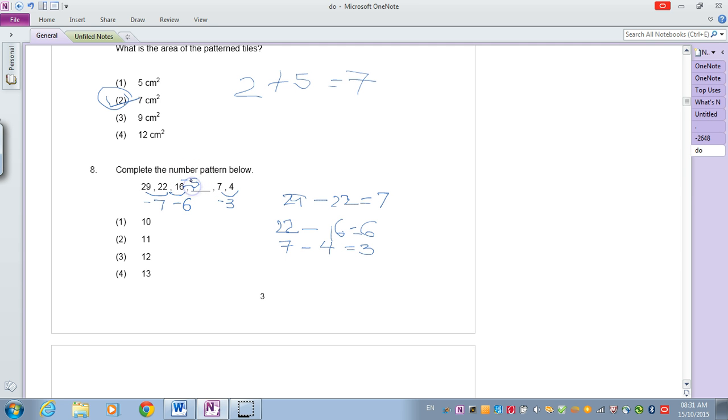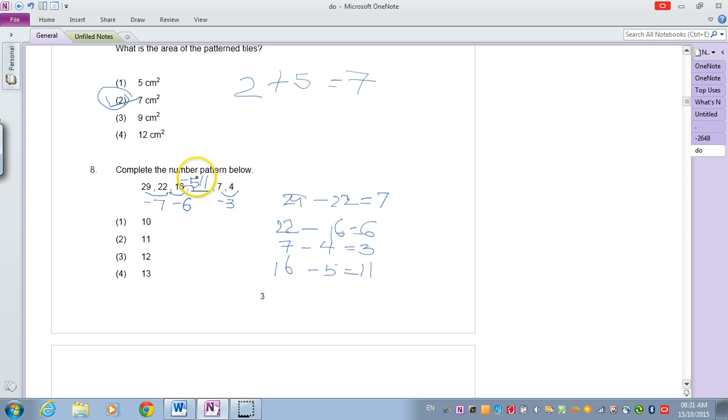So what is 16 minus 5? So 16 minus 5 would give us 11. Okay? So the number in the blank should be 11. But let's check.